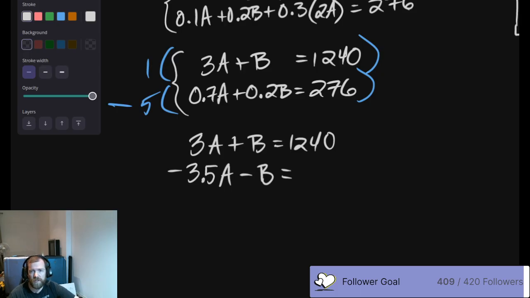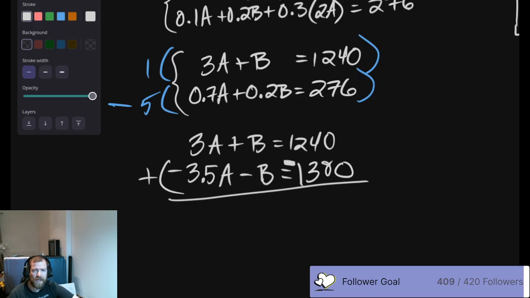So 200 times 5 is 1,000, and we're in the negative now. 5 times 70 is 350, so 1350, and then 6 times 5 is 30, so that's going to change the 50 to an 80 here. So negative 1380.